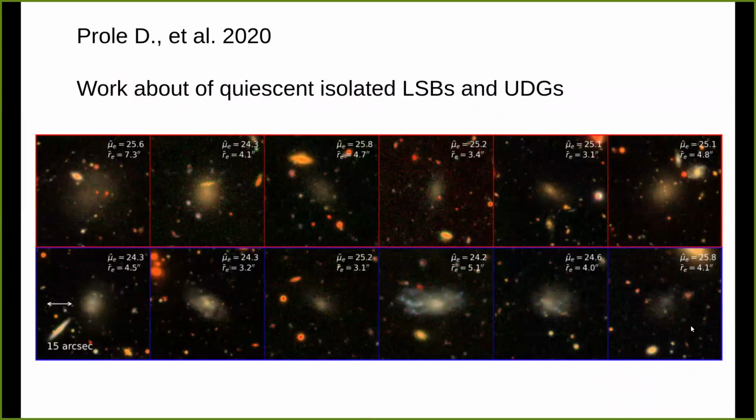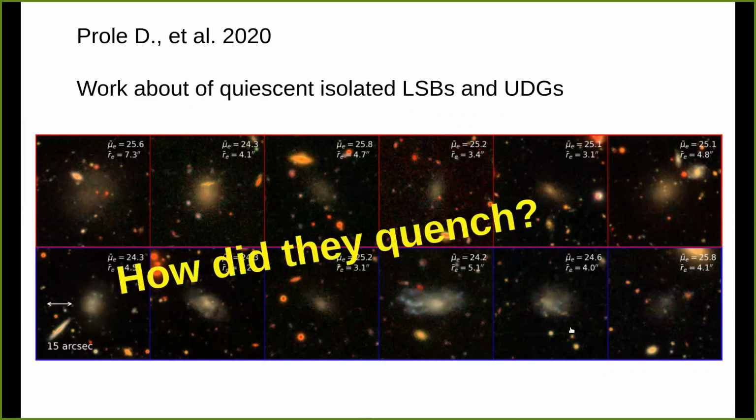This work of Prole about quiescent LSBs and UDGs using data of the GAMA spectroscopic survey generated in us a great motivation, because star-forming galaxies of all kinds is very normal, but quiescent galaxies, and in this case LSBs and UDGs in low-density environments, are very strange and generate in us questions like how did they quench? And in the simulations, could we detect these UDGs?